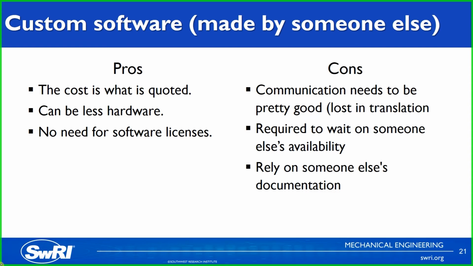The cons: you really need to have good communication, and lots of things can be lost in translation. As you start to change things on the fly, you're required to wait on somebody else's availability. And although you don't have to do the documentation, you have to rely on someone else's documentation and hope that they document it well enough that it's easy to use.